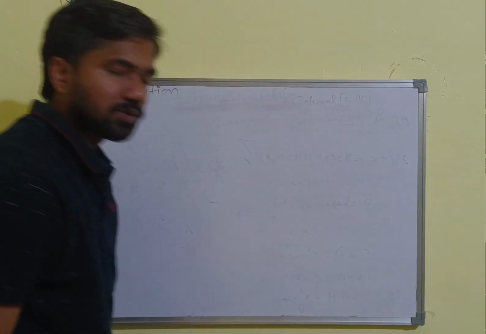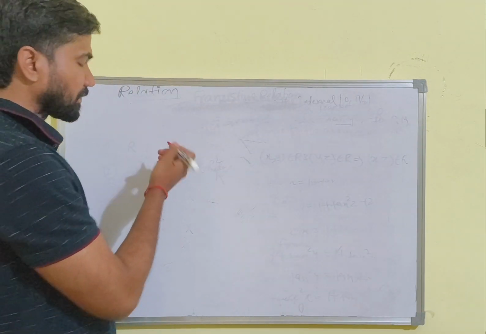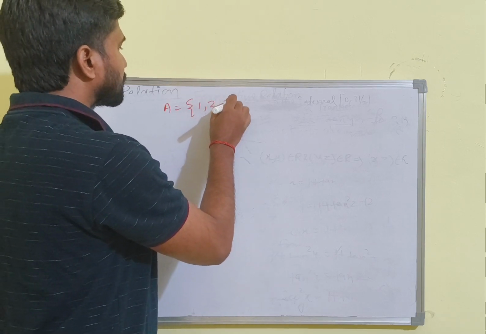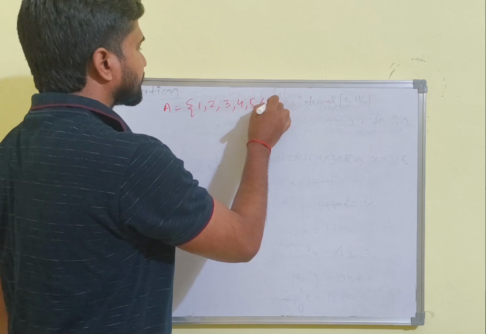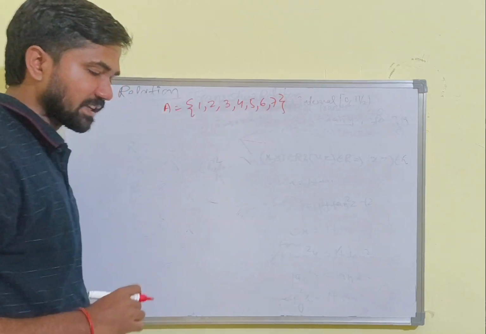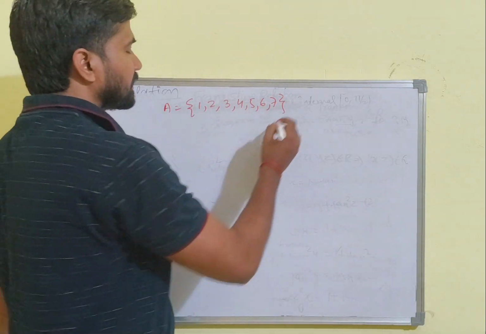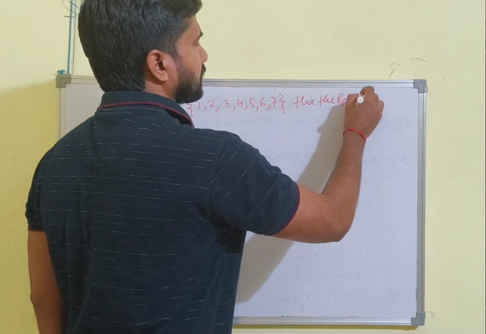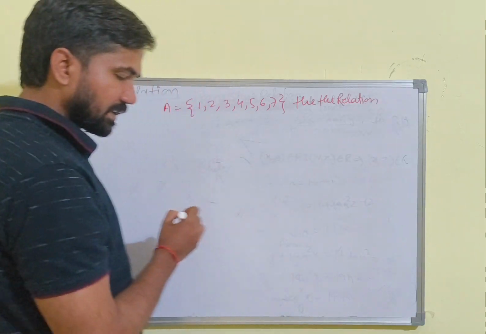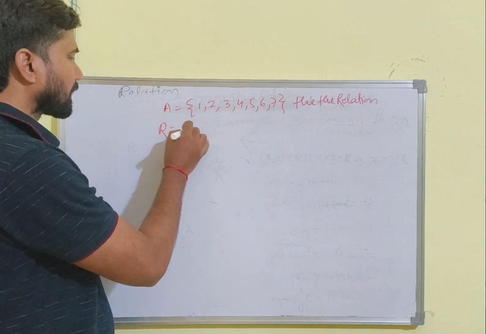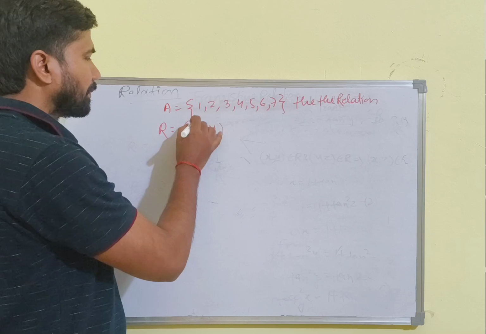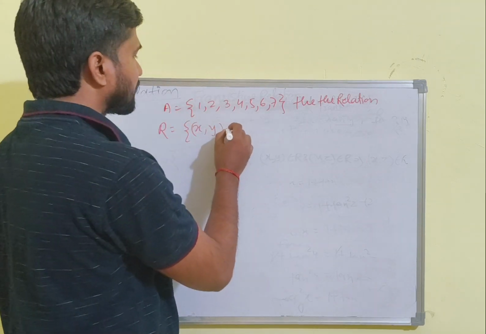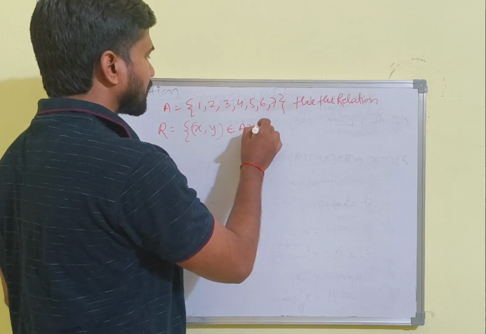Next question, it is again from the 2025 January session, JEE Mains. It is given A equal to {1, 2, 3, 4, 5, 6, 7}. This is one set given, and they say the relation is defined this way: R equal to {(x, y) belongs to A cross A}.